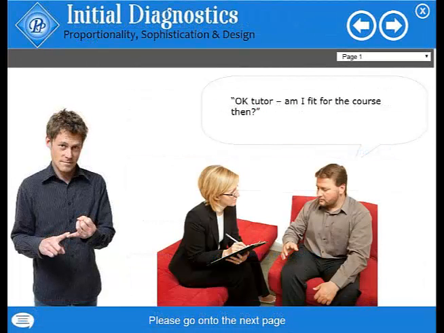This module looks at why initial diagnostics are important. It also considers why it is important and how we can ensure that initial diagnostics are proportionate, appropriately sophisticated, and cover all the things they need to. The module also considers how to integrate course-specific and other initial assessment activities and why this is important.